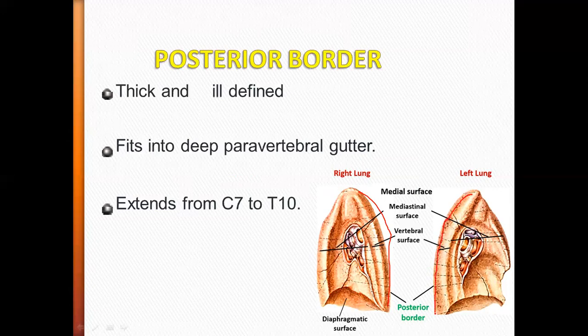There is no cardiac notch, nothing, just one blunt line running. It is actually thick compared with the other borders. And if you see it in the specimen, it is somewhat ill defined. From which level of vertebrae to which level is it extended? From C7 to T10, this posterior border is extended.